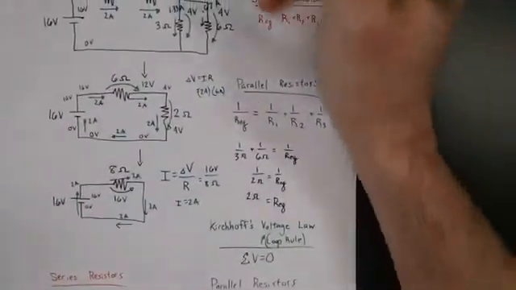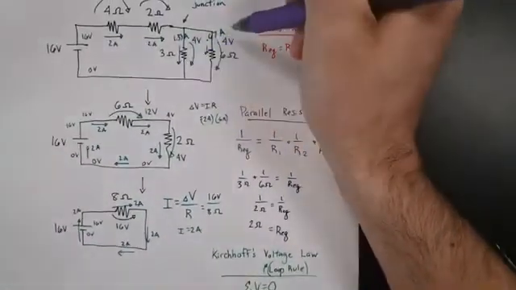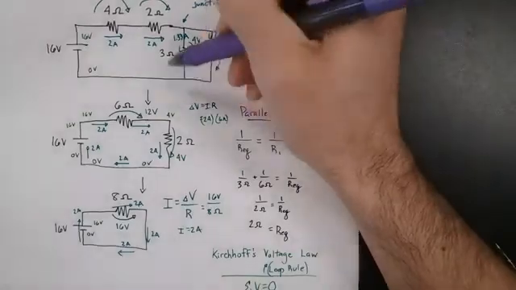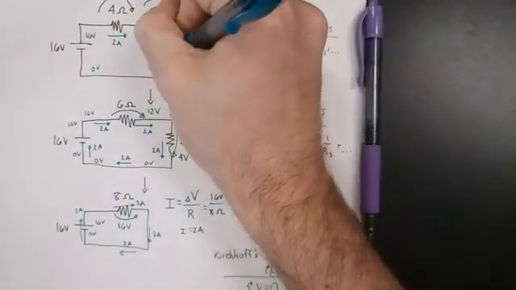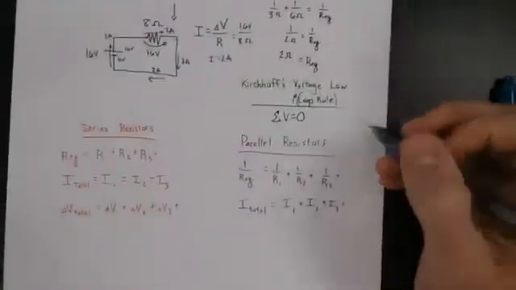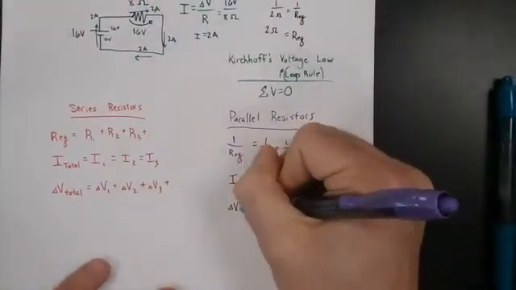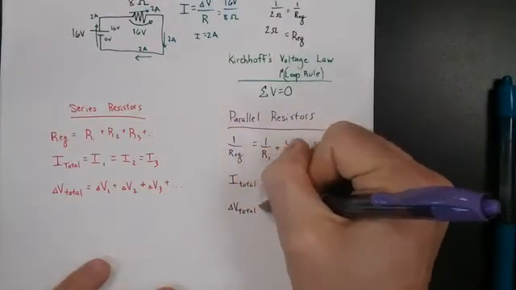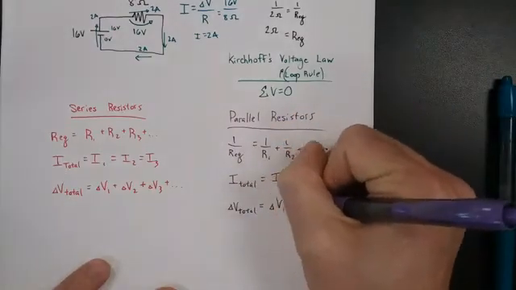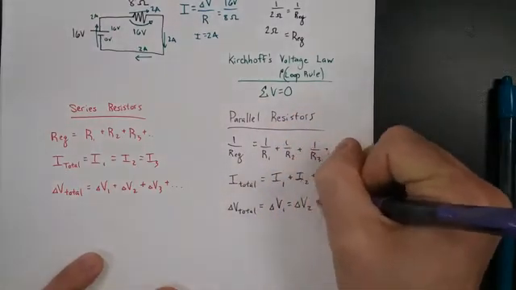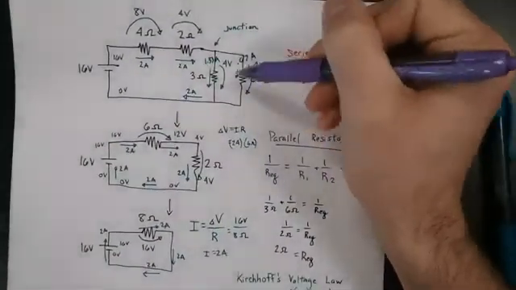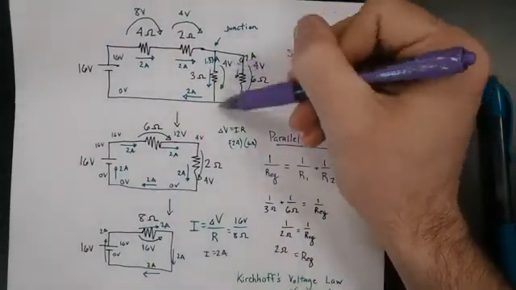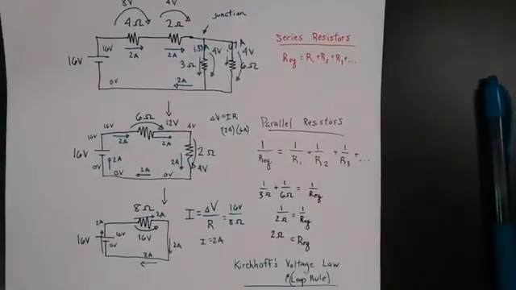But if you add up this 1.33 amps and this 0.67 amps, it gives you exactly what we should get when they come back together, this 2 amps of current. And then the total voltage is the same across parallel resistors. All resistors in parallel are going to have the same volts. This is a 4 volt drop and this is a 4 volt drop.